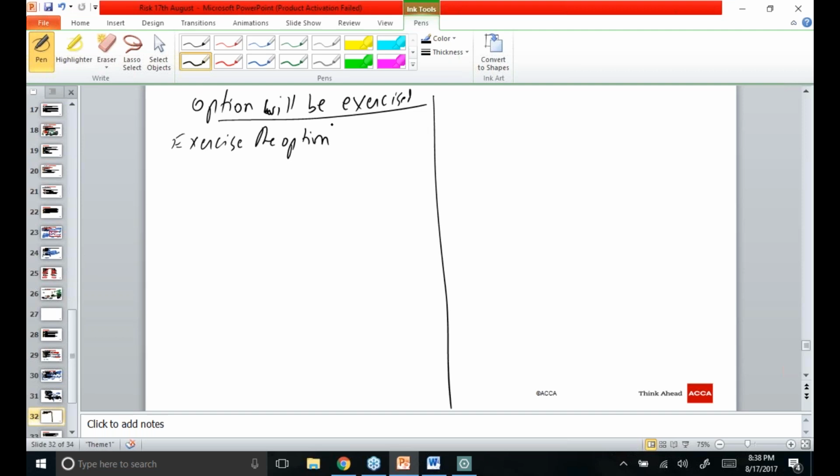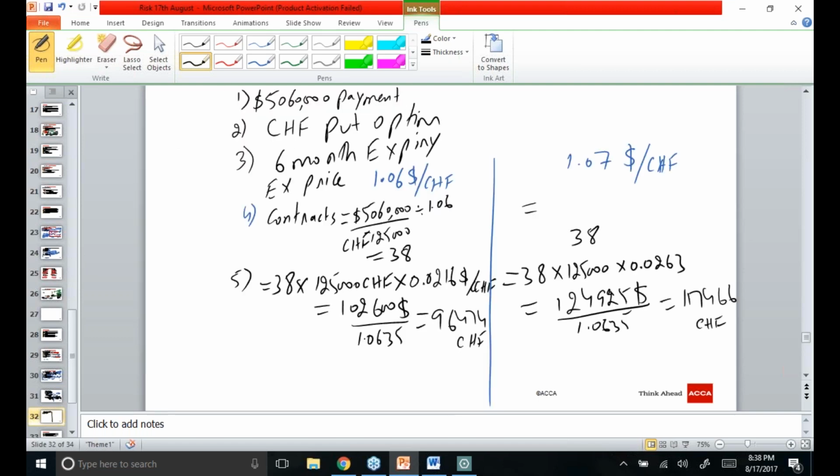When you write this statement, just think what you have locked in in the shape of the option. What you have done in the contract. You have done the put option, CHF put option. That means you are going to pay the CHF. So why are you going to pay CHF? In order to receive the dollars. So CHF put option means you are going to pay CHF.